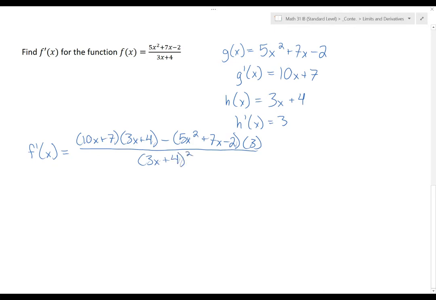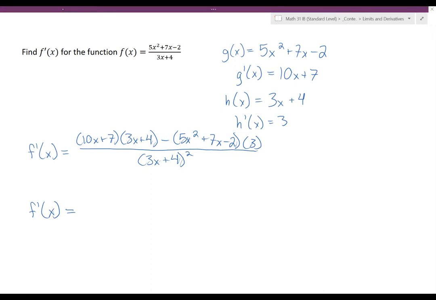So that's the overall thing. Derive the numerator times the denominator, minus the numerator times the derivative of the denominator, divided by the denominator all squared. I'm not going to bother distributing the denominator, but because of the subtraction in the numerator, I am going to clean that up a little.